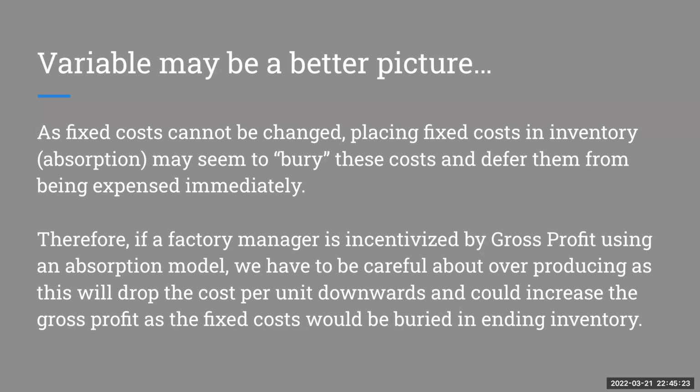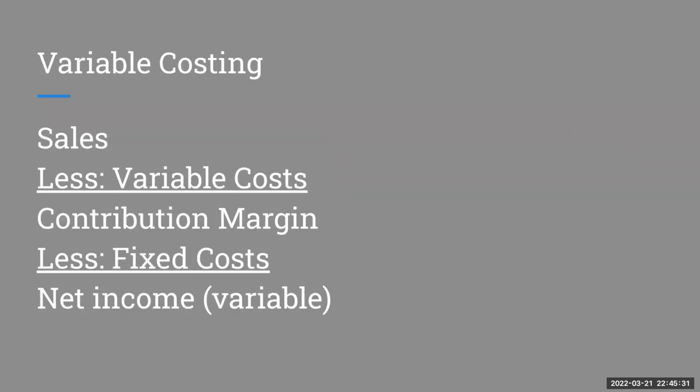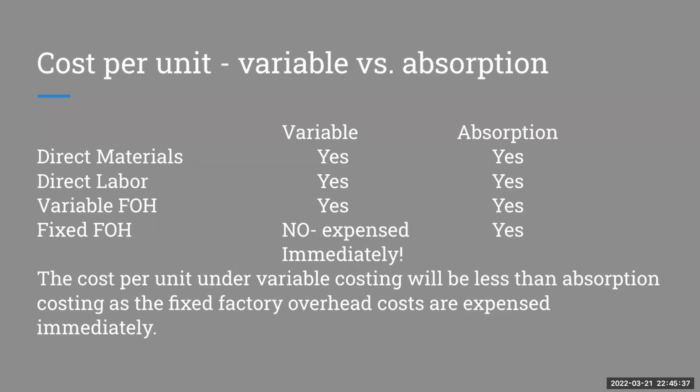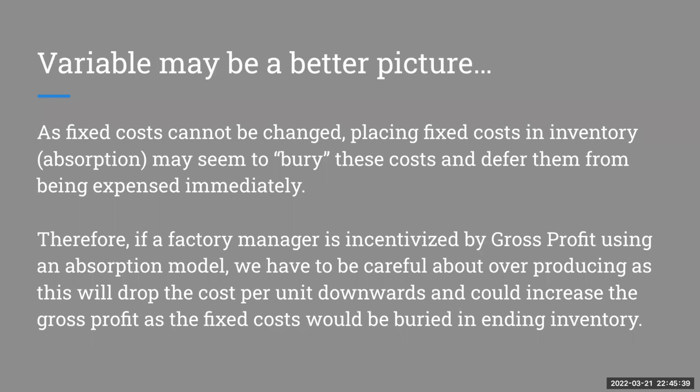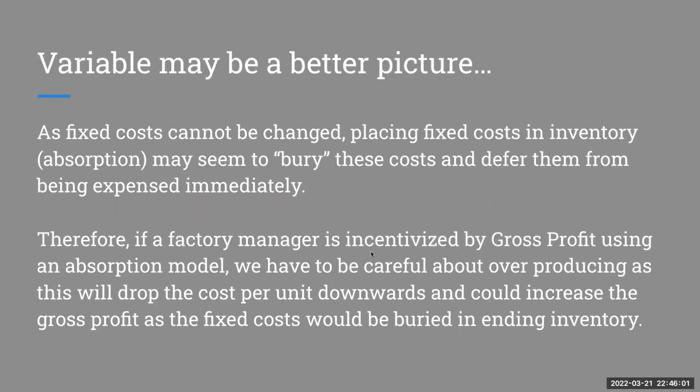Variable costing might actually give us a better picture. The reason is that if we go under the theory that fixed costs can never be changed, they should really be expensed immediately. The other part of this is kind of like an accounting after dark: under absorption costing, because my fixed factory overhead is spread out amongst more units, if I overproduce inventory, I can lessen my fixed factory overhead cost per unit, and therefore I can achieve higher gross profit.